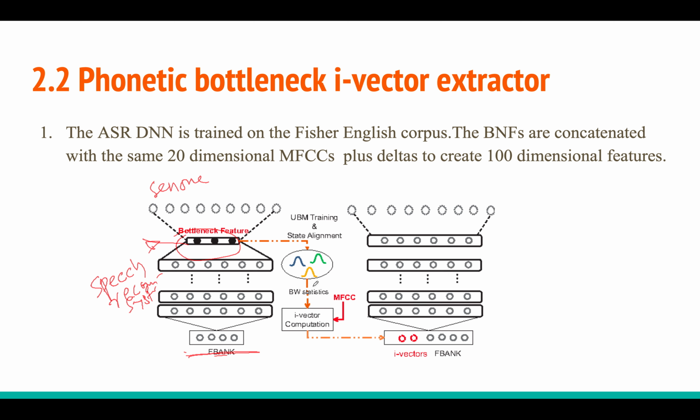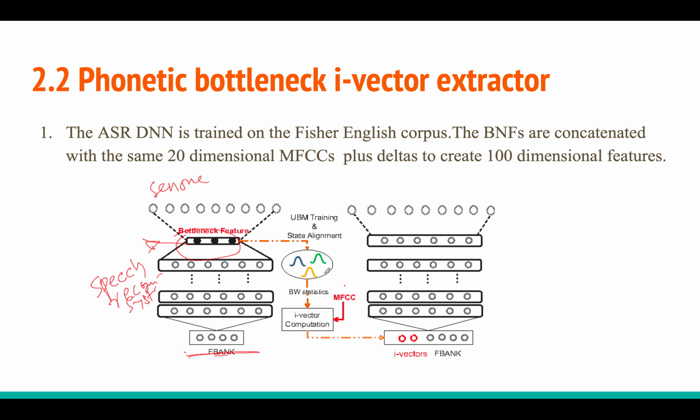Then it's similar to the acoustic iVector itself. As I said in the previous slide, the acoustic iVector takes MFCC for UBM training, but in our case we are taking the MFCC plus this bottleneck feature. This picture is not completely clear. I took it from Google online, but it's not completely good. But the idea is you have the MFCC, and then you have the bottleneck feature for every frame.